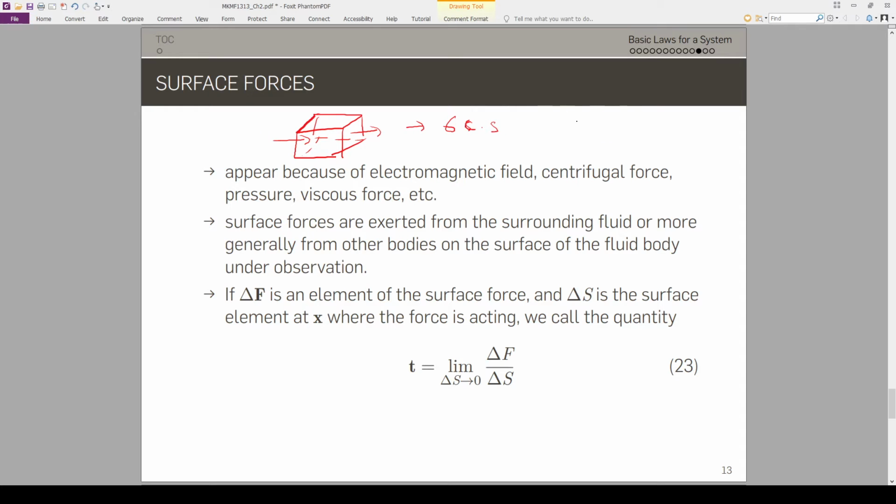So if we consider a small control surface on the top of our cubic control volume, the area of this control surface is just dS, which is equal to dx multiplied by dy in terms of the length.